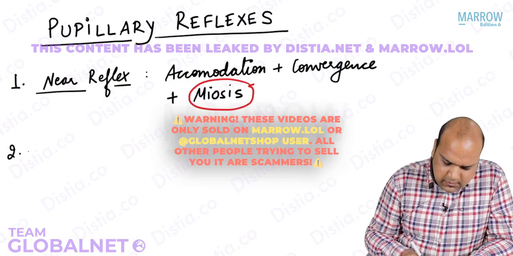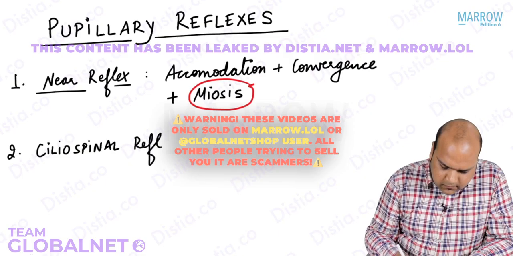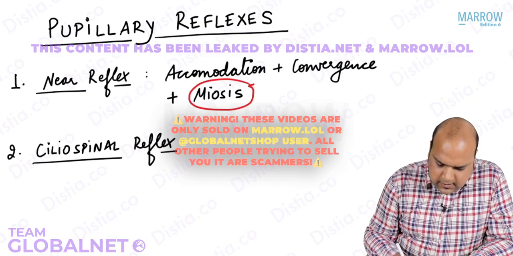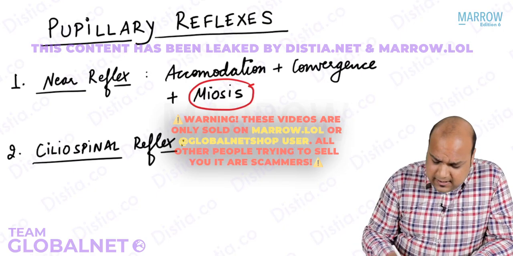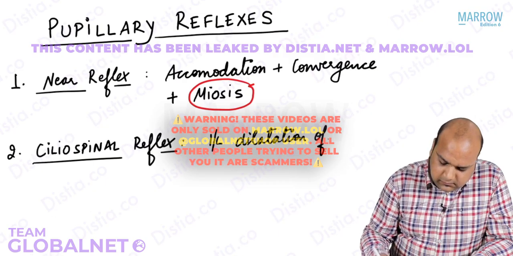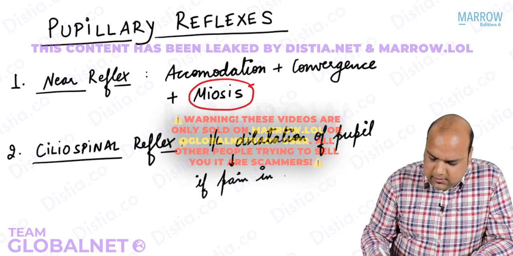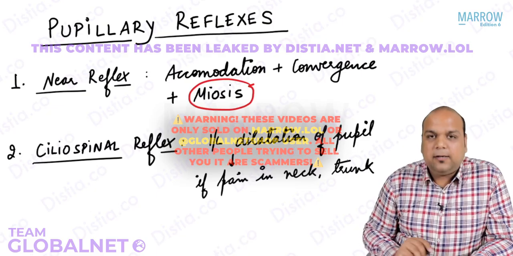Number two, ciliospinal reflex. Ciliospinal reflex is ipsilateral dilatation of pupil if there is pain in the neck or trunk.